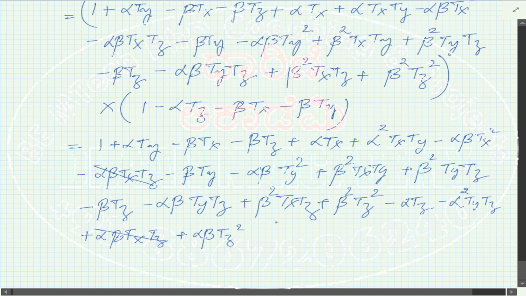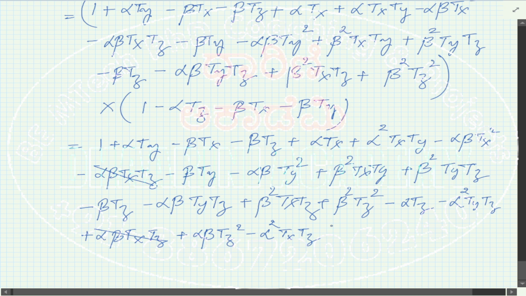Next, this term into the third term is minus of plus is minus alpha square Tx Tz. Alpha square Tx Tz again is not there, we'll move on.